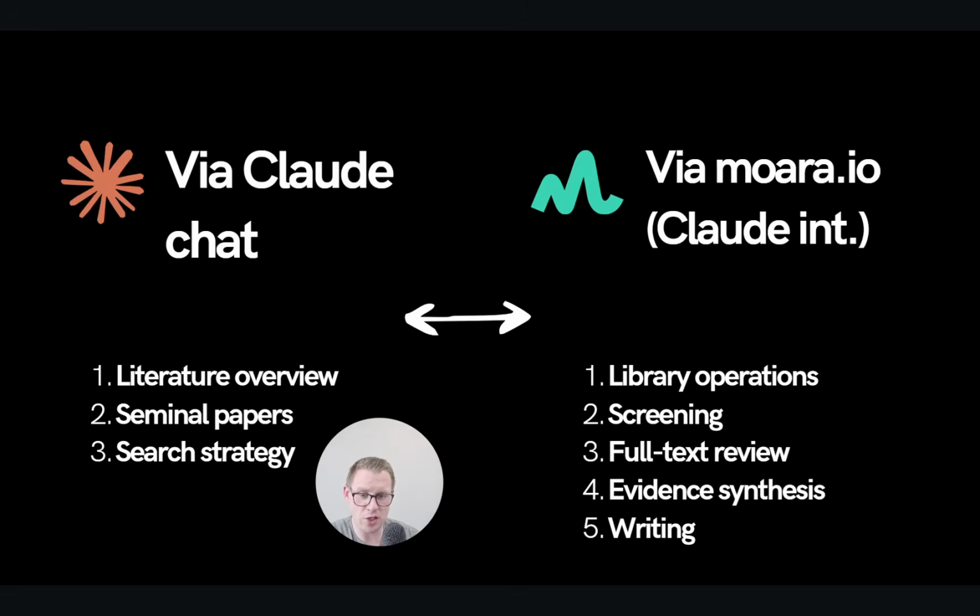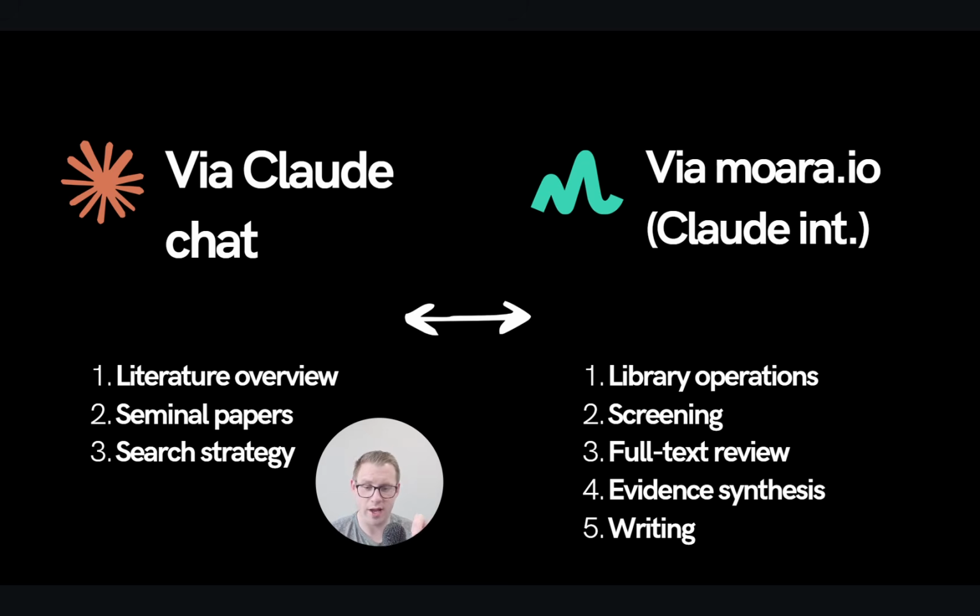Now we're going to jump into, in this case, Moara, but it could be any tool that has significant Claude integrations, for actually building a library of citations, 50, 100, 1,000 citations, going through screening and having that dedicated interface for screening, full text review, evidence synthesis, and actually going through writing.